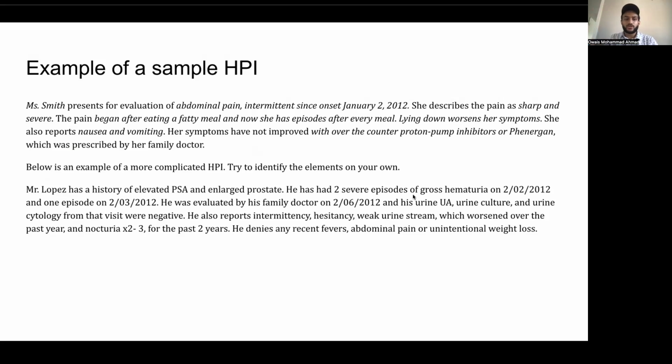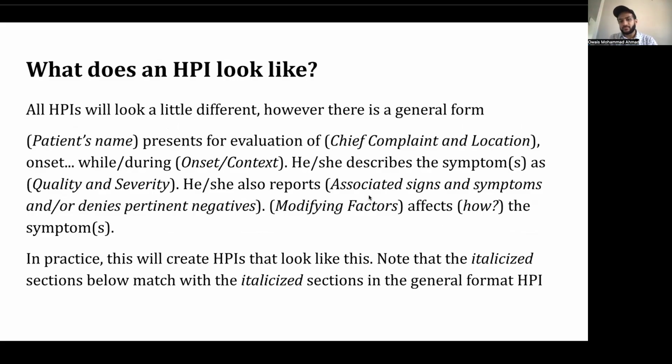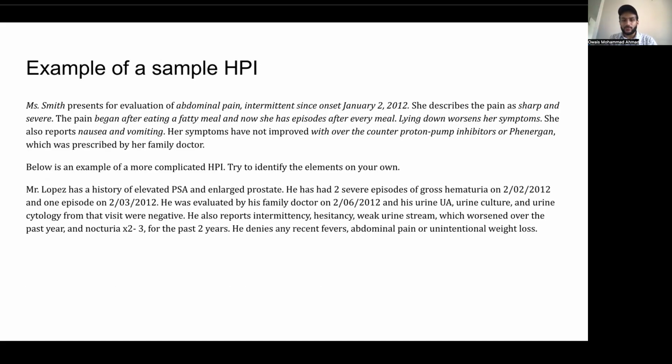Then the associated signs and symptoms and/or pertinent negatives. The pain began after eating a fatty meal, and she has episodes with every meal.